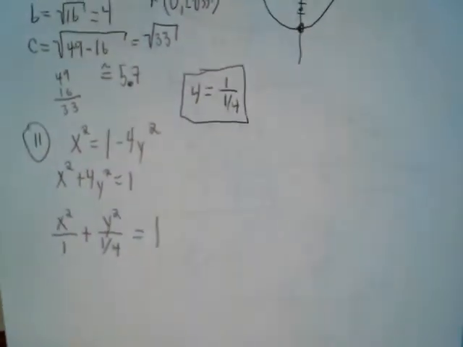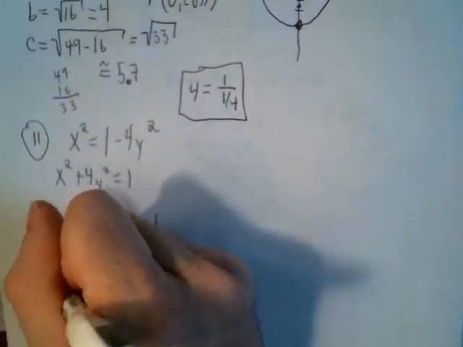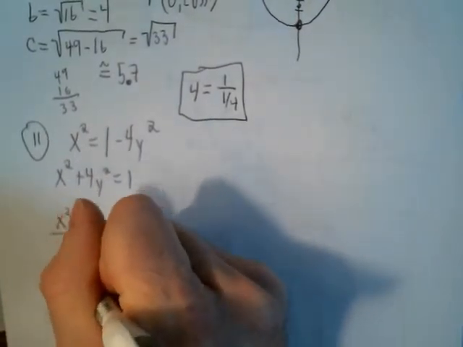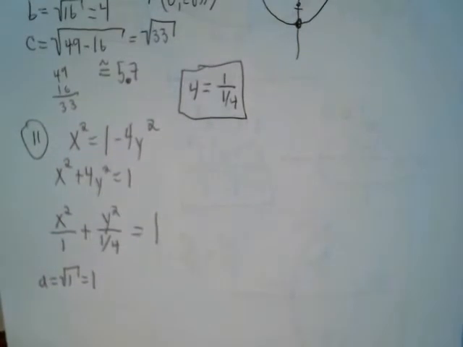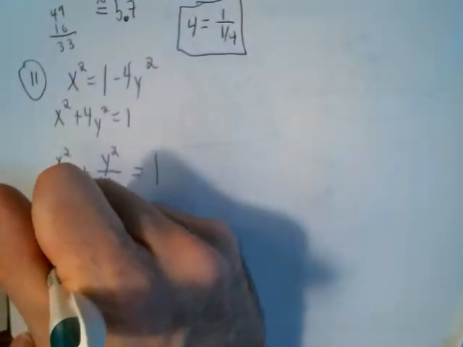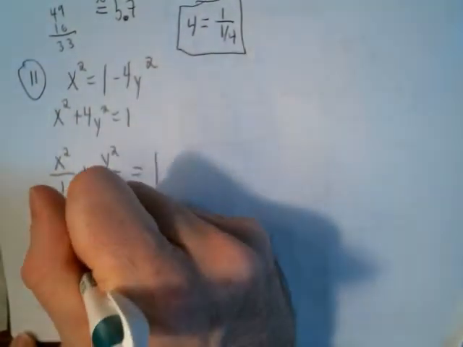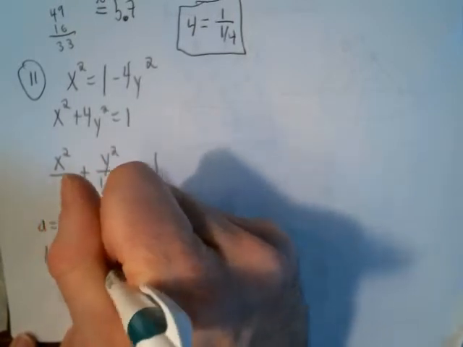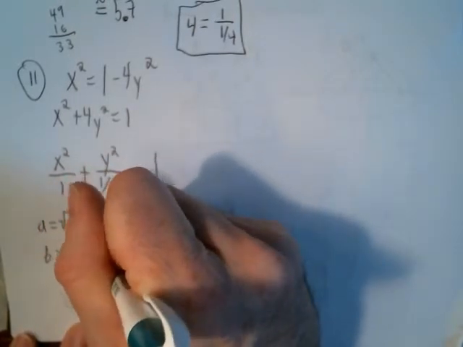Okay. So our a value is the square root of 1, which of course is 1. It's the bigger number. So 1 is bigger than 1/4, so therefore that must be our a squared. Then b is the square root of 1/4, so that is 1/2.